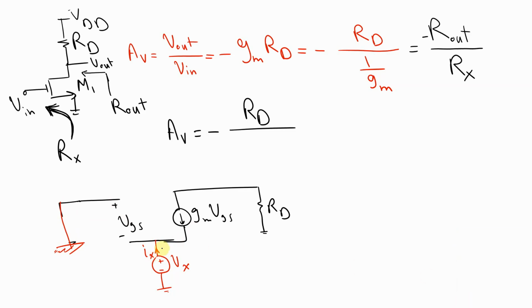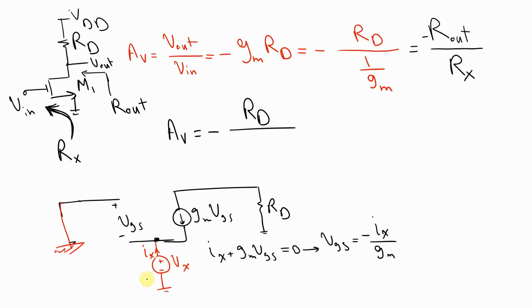Now I'm going to calculate Vx divided by Ix. What is Ix? Ix is really simple. This is Ix and this is gm VGS. By using KCL in this node, you can see that Ix plus gm VGS equals 0. So you can calculate VGS: VGS equals minus Ix divided by gm.